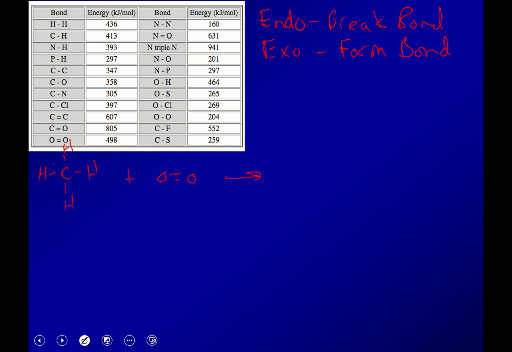If we have a single bond versus a double bond, which would have more energy? Well, if it's between the same two atoms, the double bond has more energy, and obviously the triple bond has more, and that makes sense conceptually. Anytime you burn an organic compound, it always produces carbon dioxide and water.